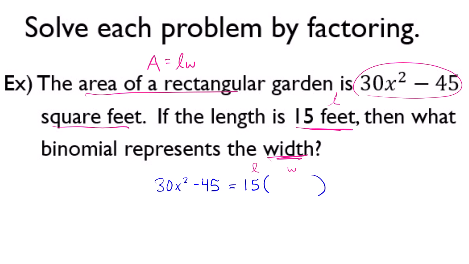I'm basically going to just divide each of these by 15 mentally or on paper. And so 30 divided by 15 is 2, and then the x squared comes down. Negative 45 divided by 15 is negative 3. And that's it. So the width is 2x squared minus 3.